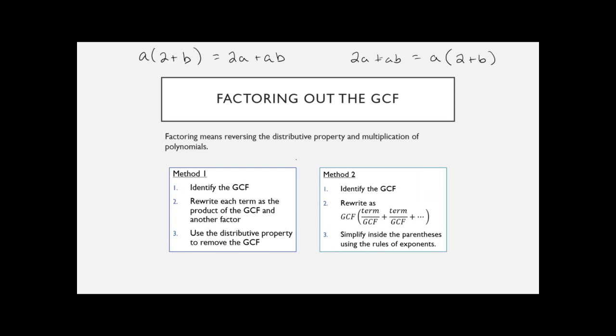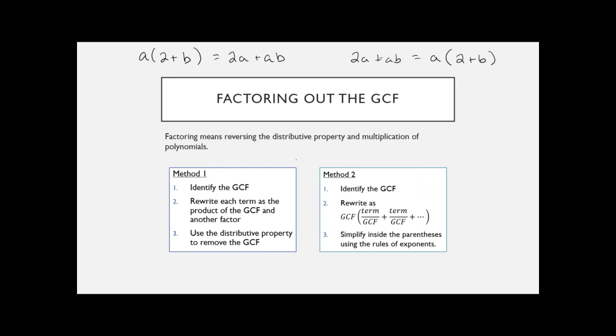So there's basically two different methods for doing this when it comes to the greatest common factor. The greatest common factor is what you pull out to get something that looks like the reverse of the distributive property. There's extended factoring, which we usually use with trinomials, where you end up with multiple sets of parentheses.